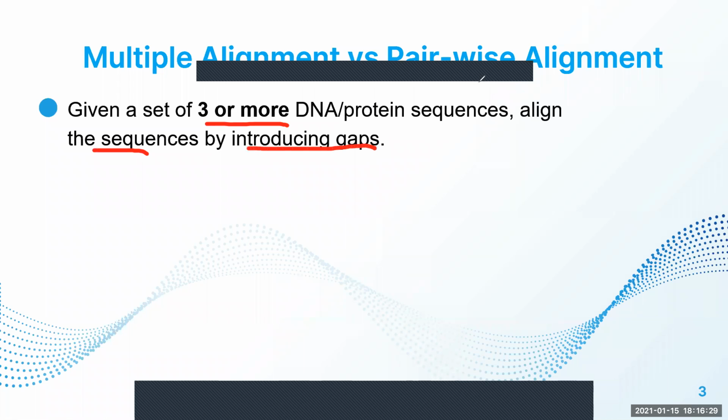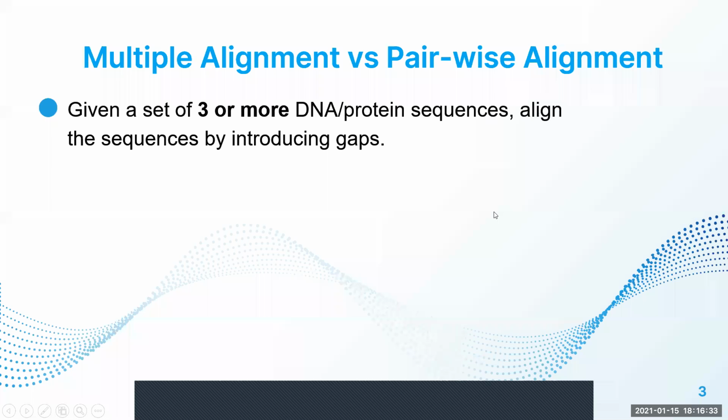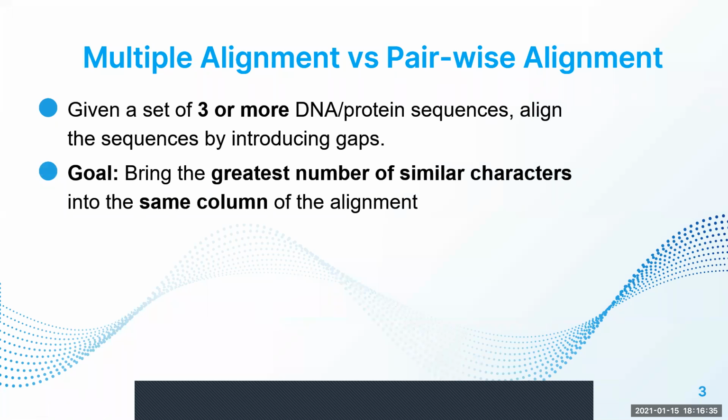We add gaps and try to align these sequences. Our goal is to get the greatest number of similar characters in one column. If there are thousands of columns, we should get the greatest number of similar characters for all the columns. So that's our goal.